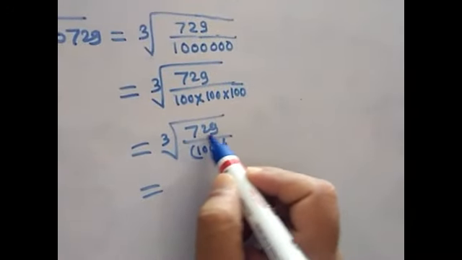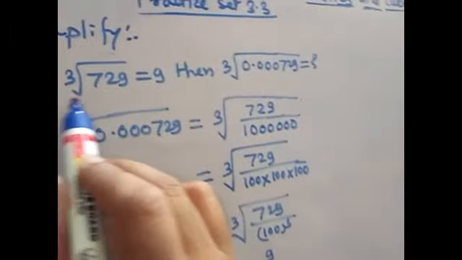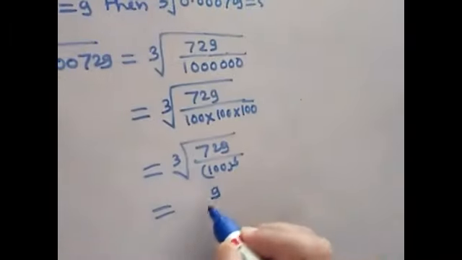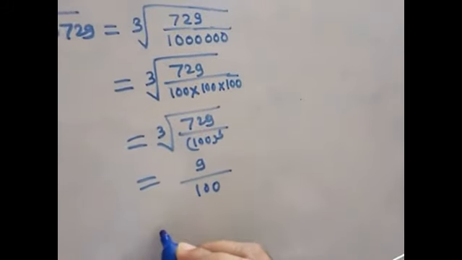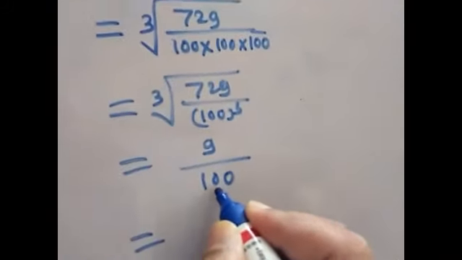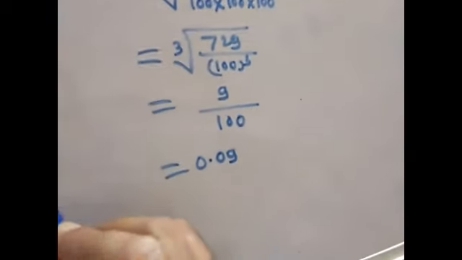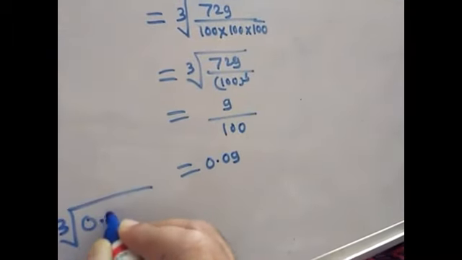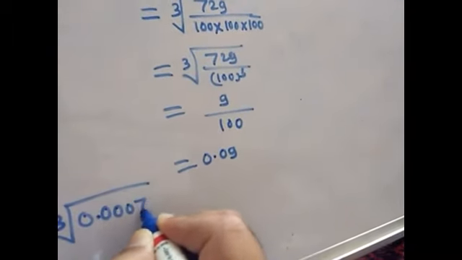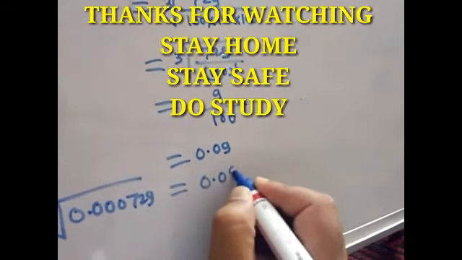In place of 729 we write 9. Why? Because it is given that cube root of 729 is 9, and upon that we write 100. We cancel the zeros and we write 0.09. Means the cube root of 0.000729 is 0.09.